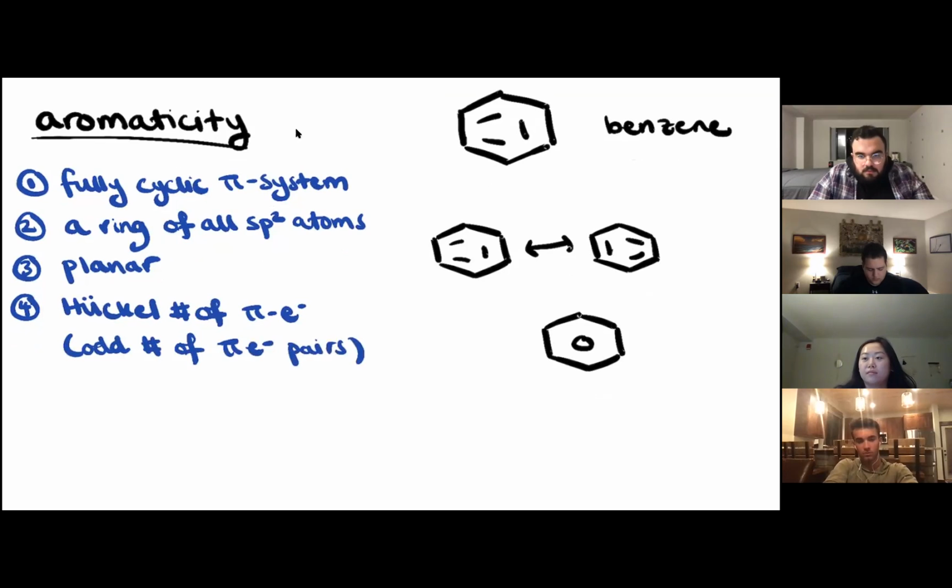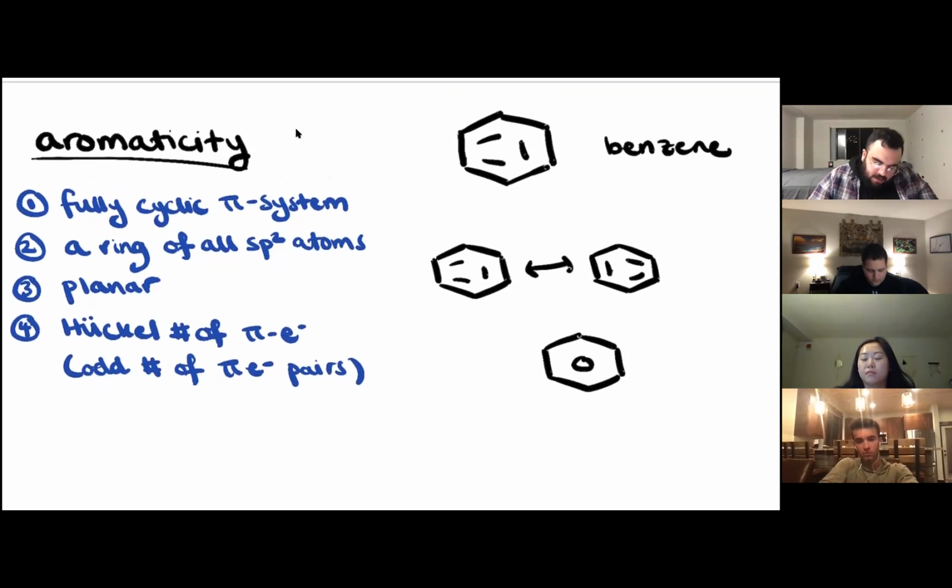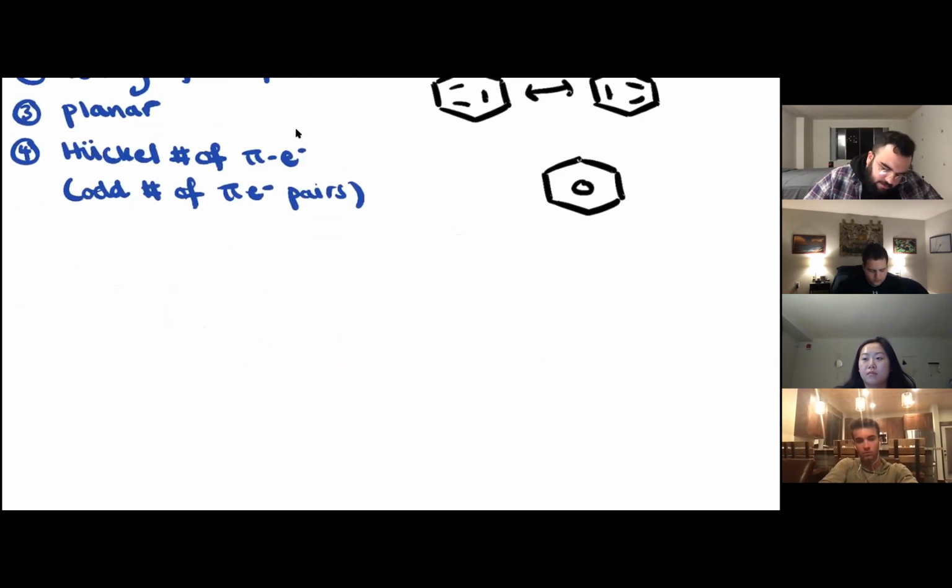All right, so with benzene, the way that you could prove that is that you see that our pi system is fully cyclic, right? Kind of hinted at by the resonance structures that I drew earlier. You can push everything around fully.